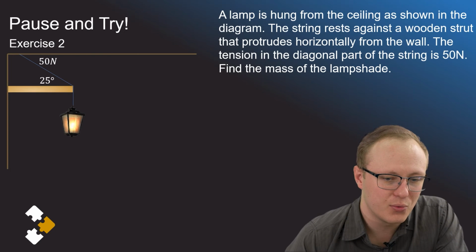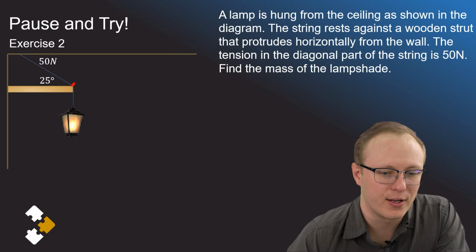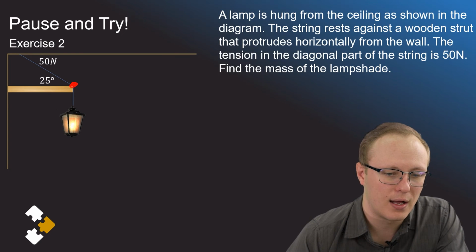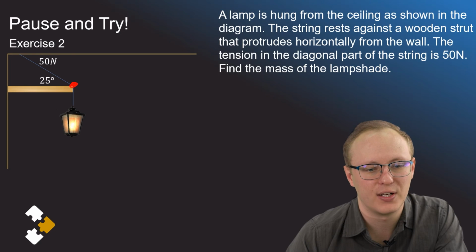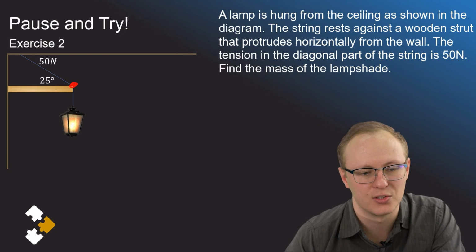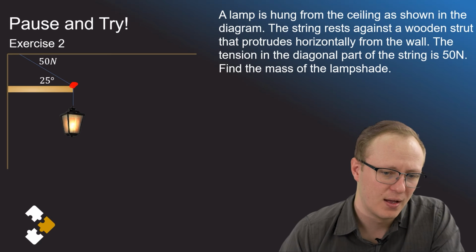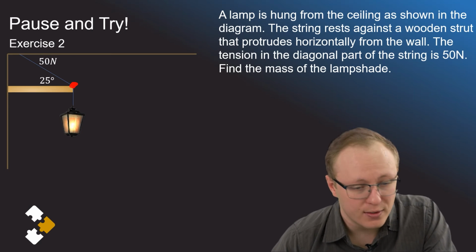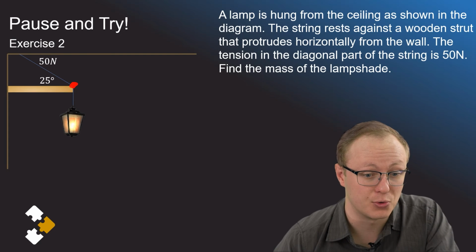Okay, so again, we've got this sort of thing going on here. And again, the point of interest is here because that's where it's hanging from and that's where the tension is and that's where the strut is pushing against the string as well. Okay, so Newton's first law, it's not moving. The forces are balanced. F net equals 0.